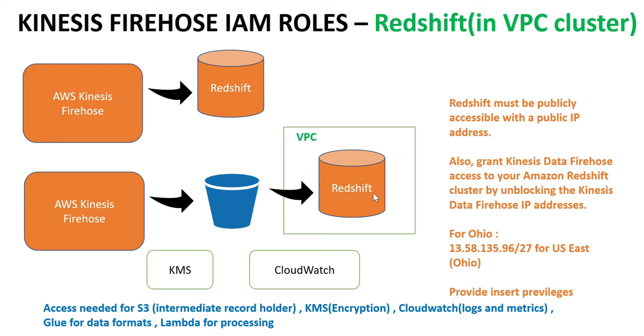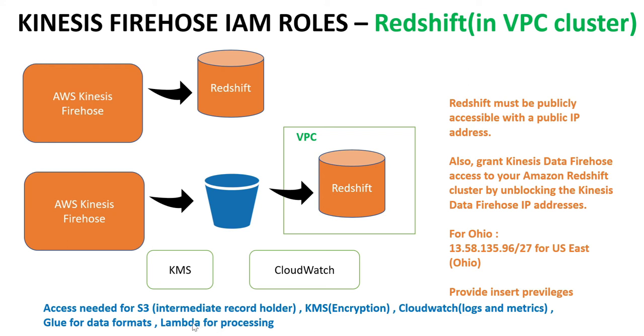So how to unblock it? So there are a set of subnets. For each region there is a certain set. So you can use this, and you have to provide insert privileges. So in a nutshell, you see this blue text.